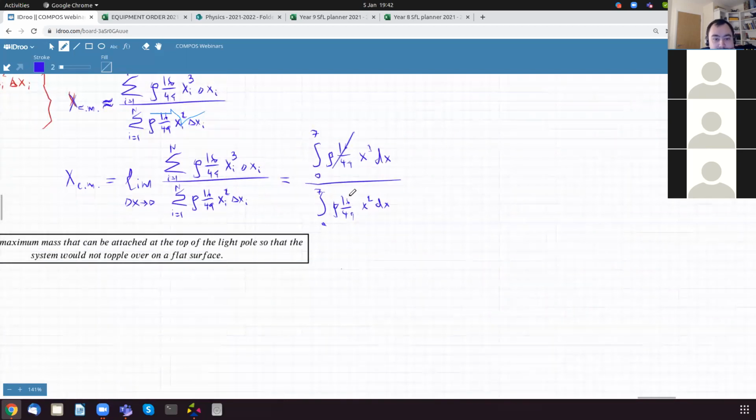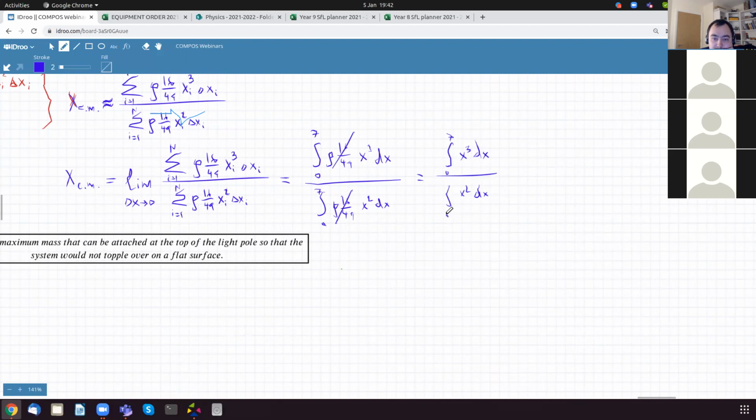This cancels out because these are constants, so they can be taken out. We are left with the integral of x cubed dx divided by the integral of x squared dx, from 0 to 7.